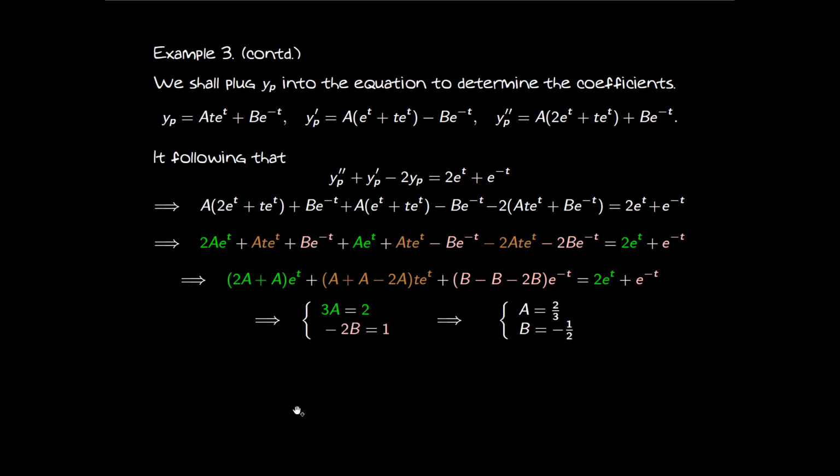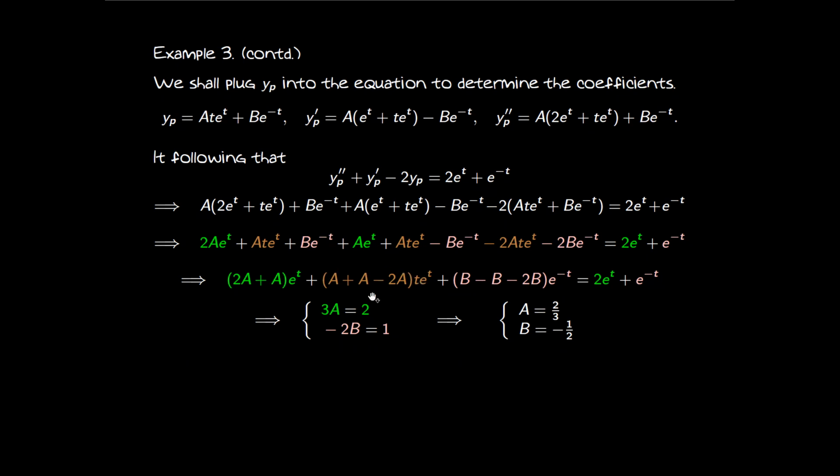And then you end with 3a e to the t is going to be 2 e to the t, so that you get 3a is 2. And you're going to get negative 2b e to the negative t is 1 e to the negative t, so you get negative 2b is 1.